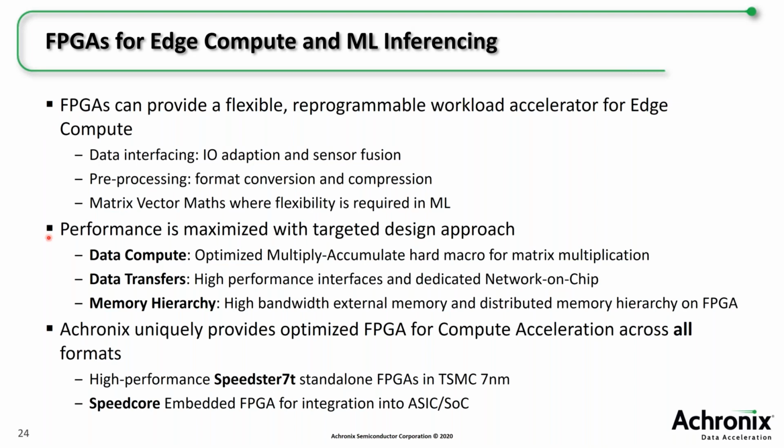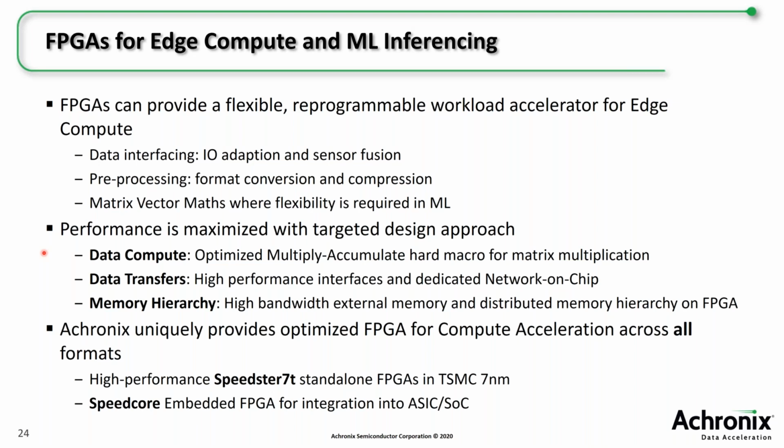We've demonstrated it's possible to tune the FPGA architecture for the requirements of machine learning. That's the three different aspects we talked about: data compute, moving that data around with data transfers, and storing that data in a memory hierarchy. Only by doing those three can you maximize those usable TOPS that I talked about as well.